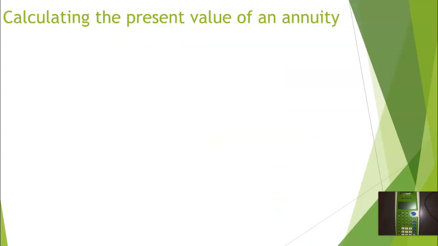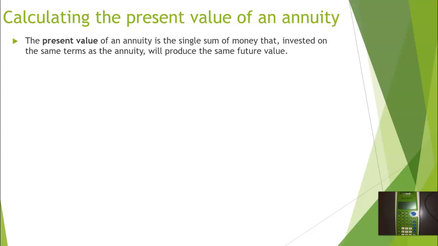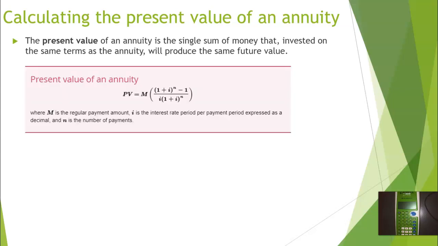Calculating the present value of an annuity. So the present value is a single sum of money that if you invest in the same terms as the annuity, you'll get the same future value. So there is a formula for that as well. And here it is, where PV stands for present value. M, once again, is the payment amount you're putting in, times (1 plus I) to the n, take 1, over I times (1 plus I) to the n.